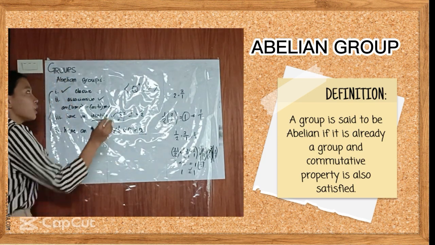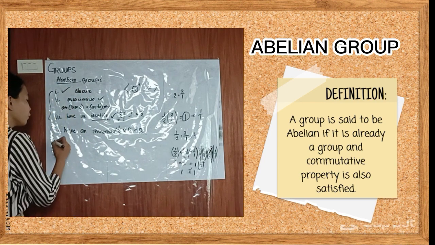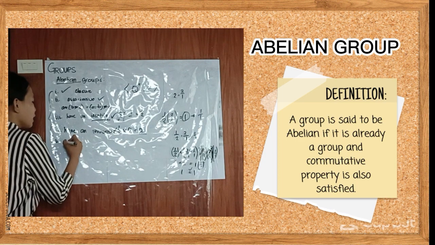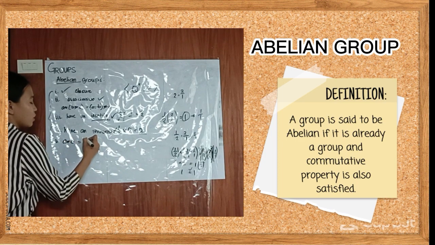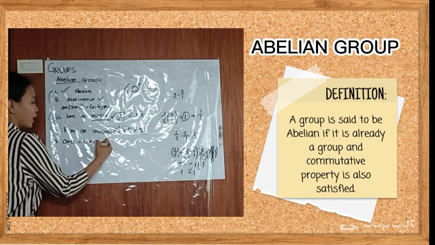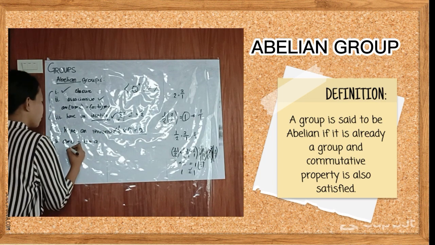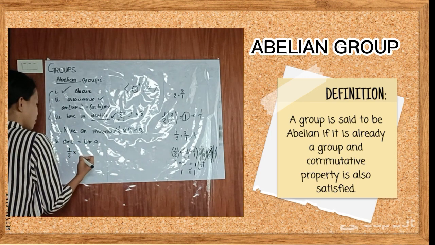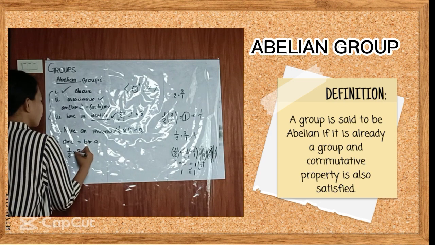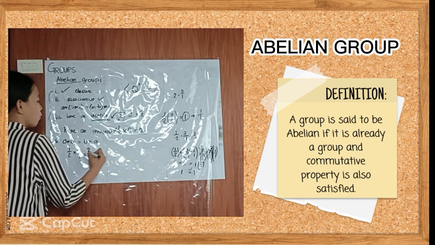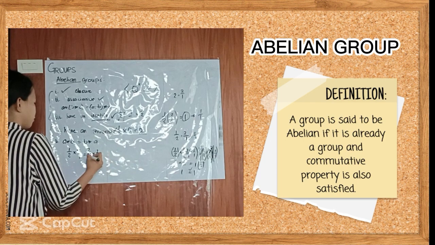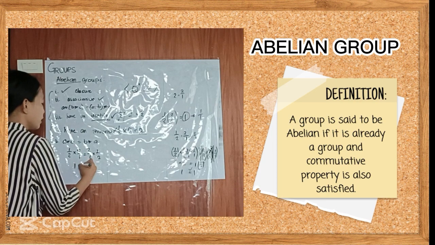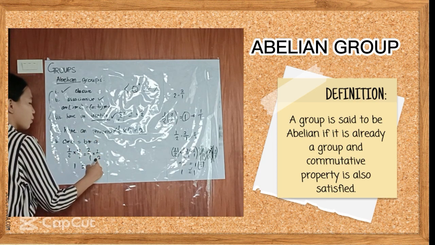Now, let's prove it is abelian. Let's add the fifth property, which is commutative: A star B is equal to B star A. So we have 1/2 times 2/1 is equal to 2/1 times 1/2. 1/2 times 2/1 is 1. 2/1 times 1/2 is 1.